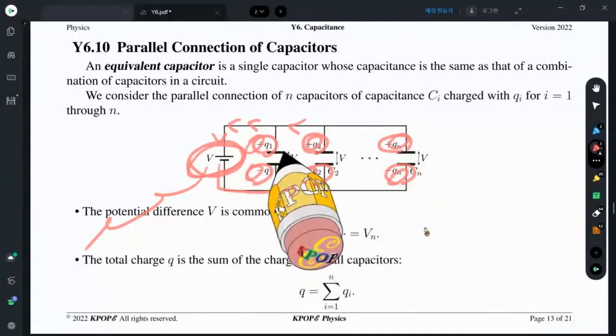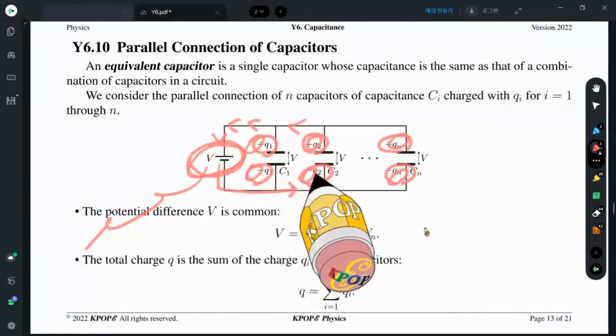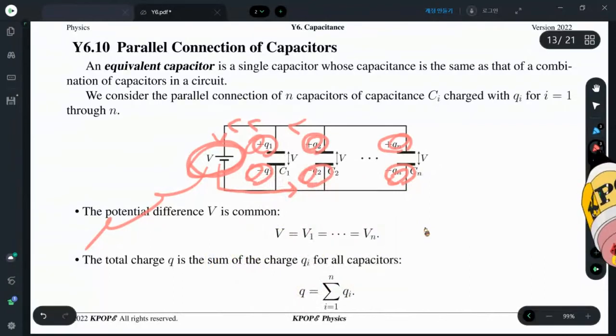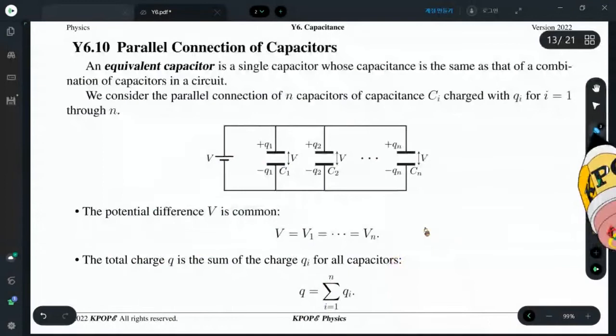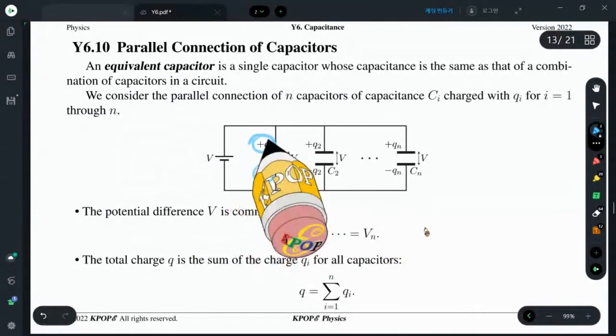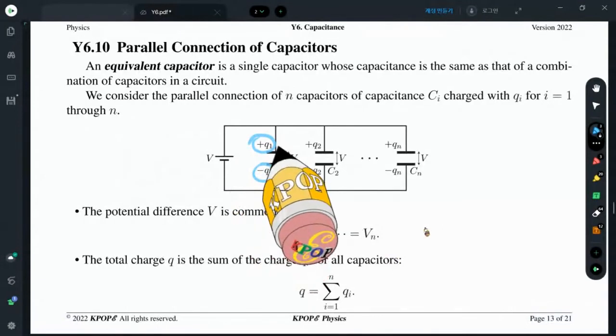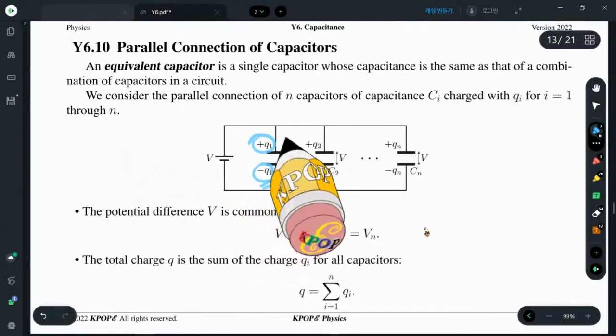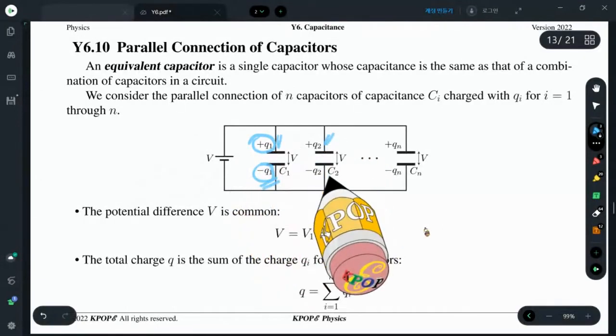And through the Coulomb interaction, they attract together. So the electrostatic force makes each plate charged with opposite charge, but the magnitude should be the same.